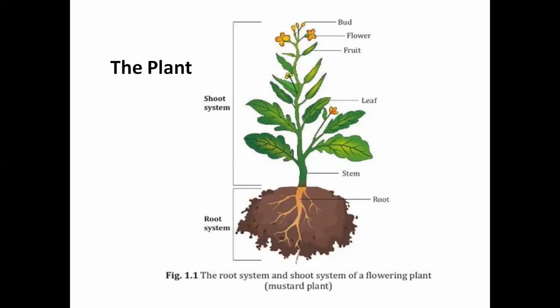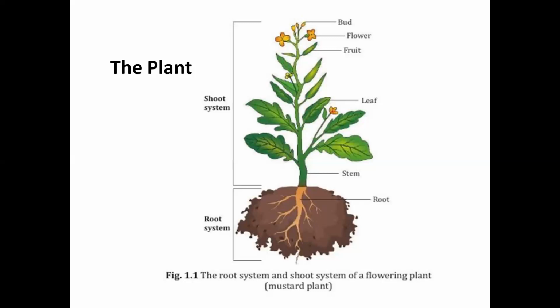So a plant is divided into two parts, that is, the shoot system and the root system. There you can see the figure of a mustard plant. The root system is divided into root, while the shoot system is divided into stem, leaf, fruit, flower, bud.